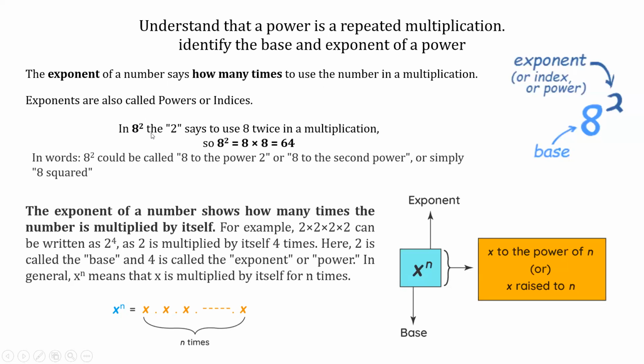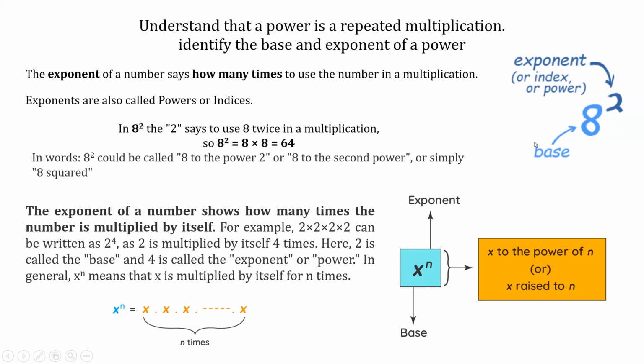In this expression, the 2 says to use 8 twice in the multiplication. So 8 squared is equal to 8 multiplied by 8, which is 64.